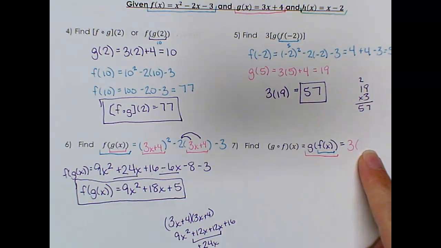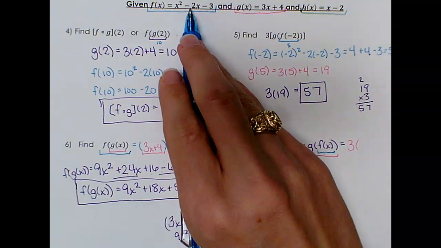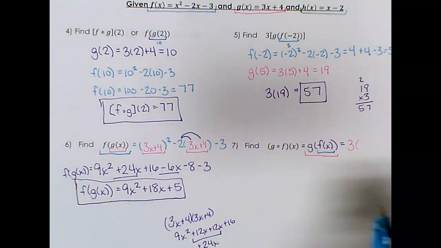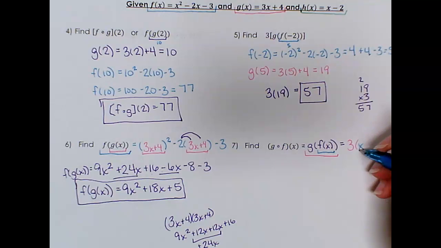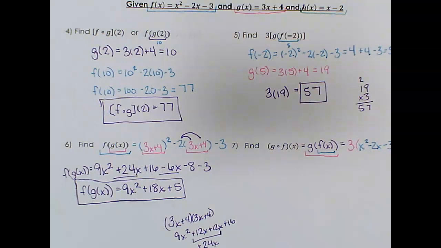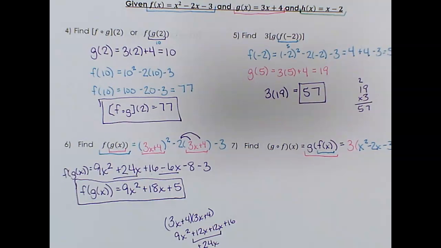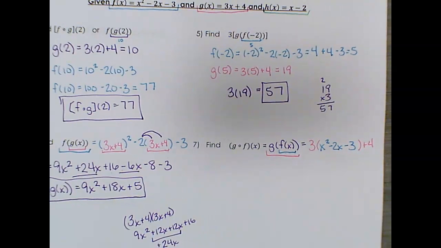What are we using for x in the g function? We're using f of x. So this x squared minus 2x minus 3 is going to go here. Pause your video and try to find g of f of x, the final polynomial.